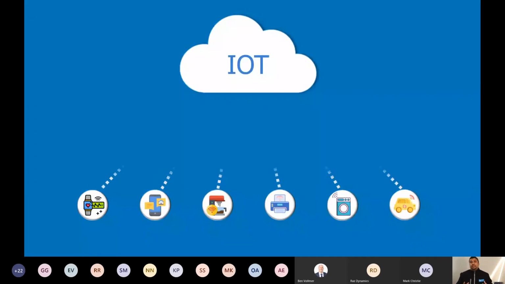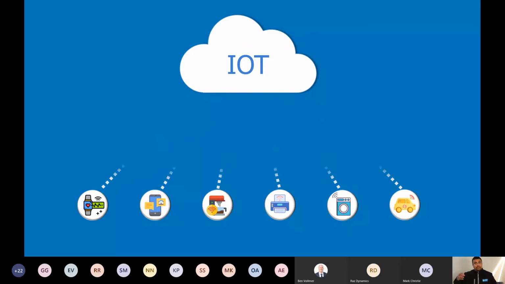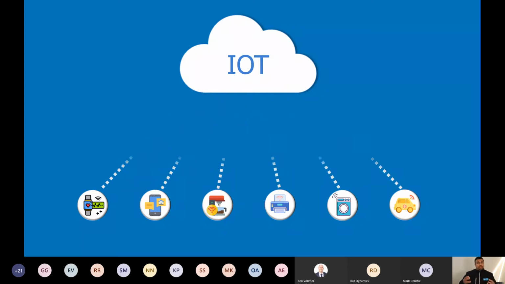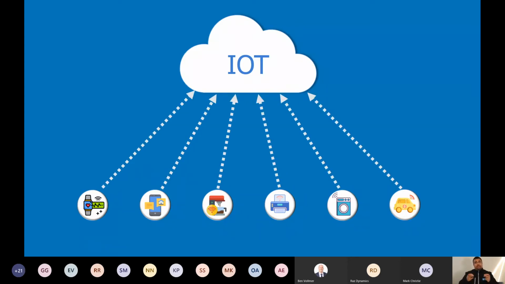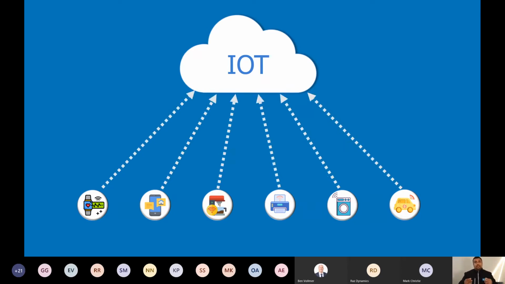So what is needed for these IoT devices? As much as they have the capability to emit the data, they need a platform that can receive this data. They need a platform that can have the business rules to detect the anomalies, and not only detect them, but also store this telemetry data.